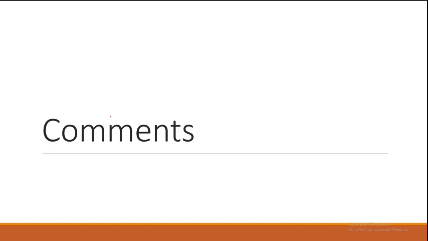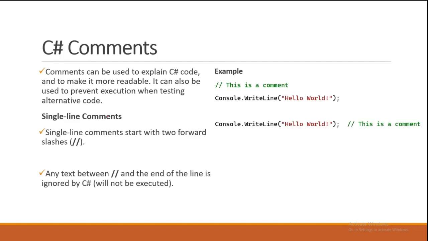Comments are also very important in the C sharp programming language. Comments can be used to explain C sharp code and to make it more readable and understandable, what is going to be done in the code part.